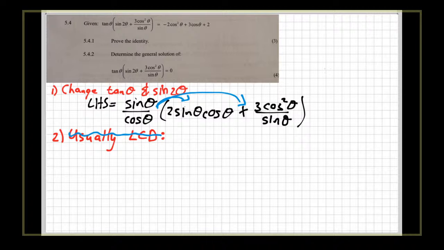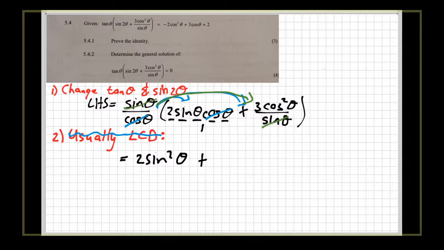The reason I'm deviating is that I have the foresight that because this 2 sine theta cos theta is over 1, the cos theta divides away with that cos theta, leaving me with an absolutely gorgeous sine theta times 2 sine theta, which is 2 sine squared theta.